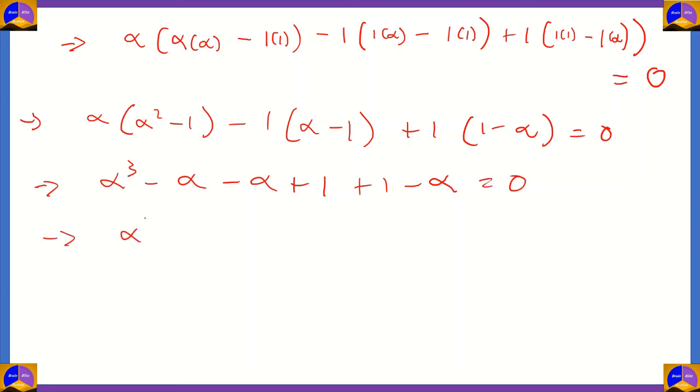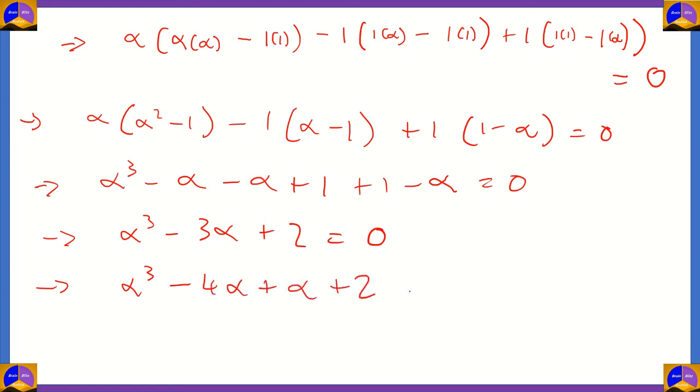So therefore you get alpha cube minus 3 alpha plus 2 equal to 0. So now what we can do is we can convert this equation as alpha cube minus 4 alpha plus 2 equal to 0.